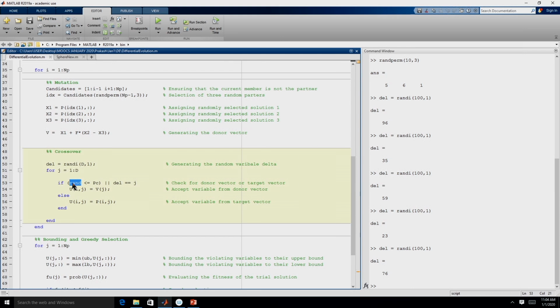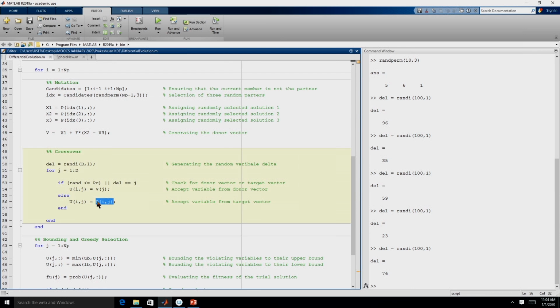So, we check for this condition, if rand is less than or equal to PC, or if j is equal to del. If that condition is satisfied, we need to take the value of the trial vector from the donor vector. Otherwise, we need to take the value of the trial vector from the target vector.